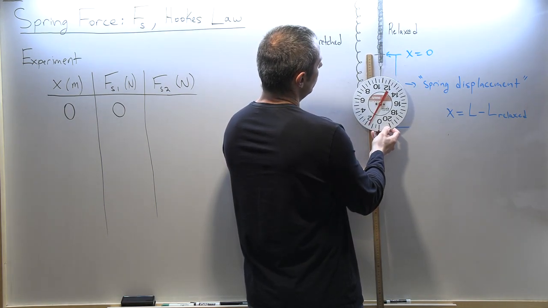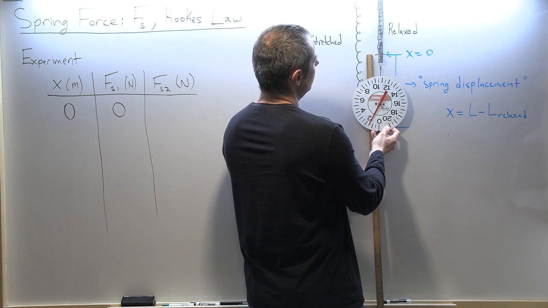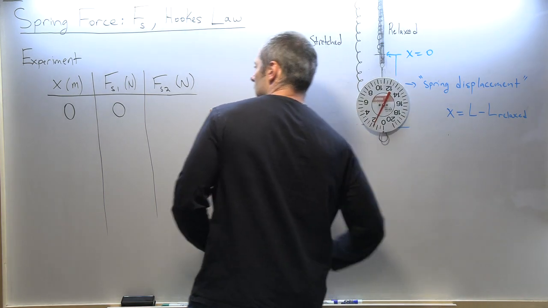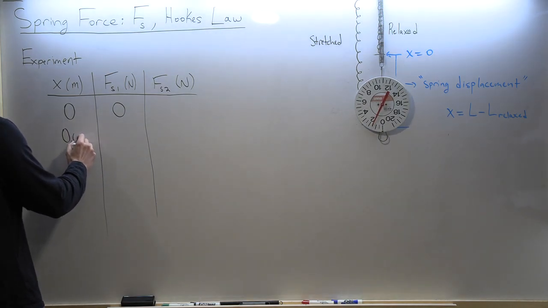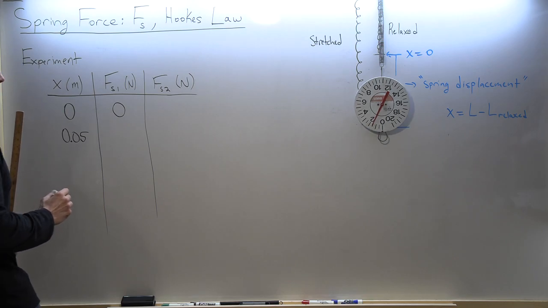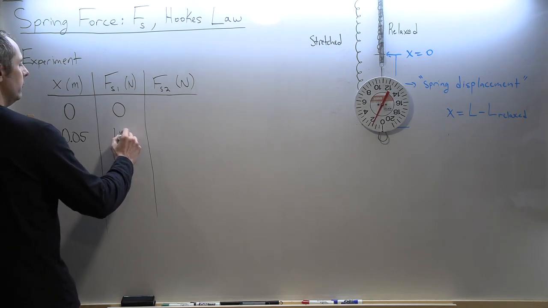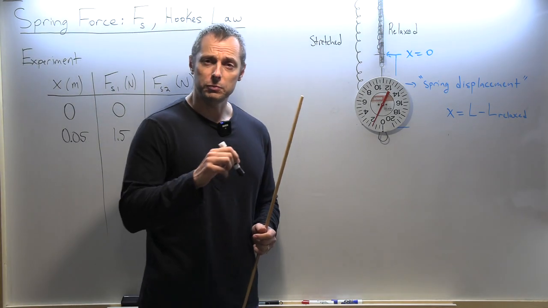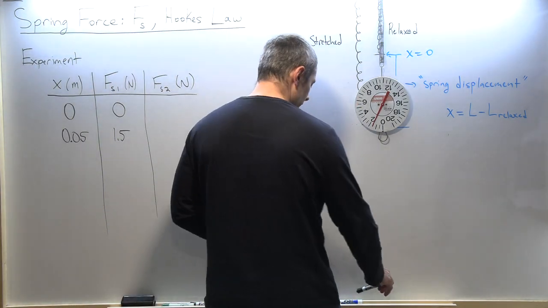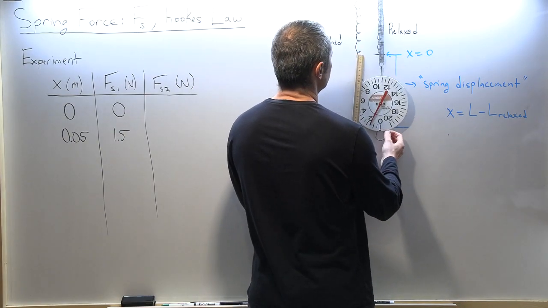And I see I get roughly about 1.5 newtons for that 5 centimeter displacement. But with this force, we stay in meters for displacement, and we got 1.5 newtons. So again, distances must be in meters. That might require a conversion in a lot of problems.